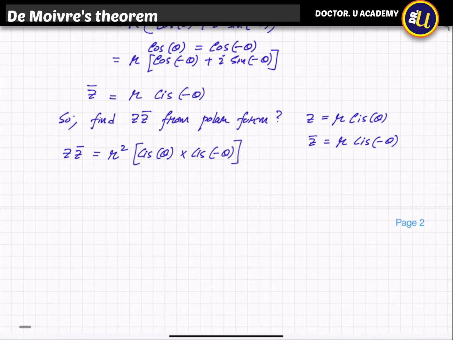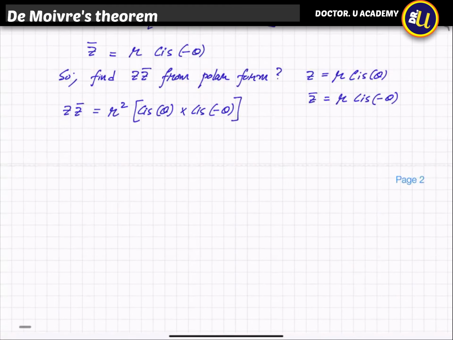So this is what we need to do. I will keep r squared here. Now I will expand cis theta, so that would be cos theta plus i sin theta, and that is going to be multiplied with cos minus theta. So cos minus theta is cos theta. So I will just leave it as cos theta plus i sin minus theta here.